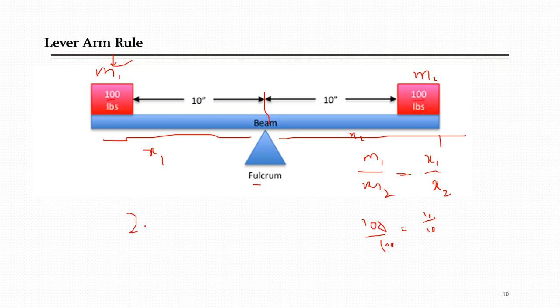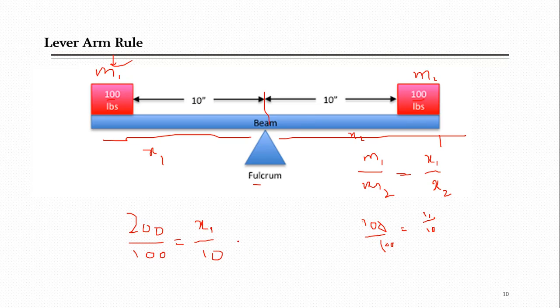So it will be 200 over 100 on the other side, and now you are going to calculate x1. Definitely here you already have x2, so that's 10.